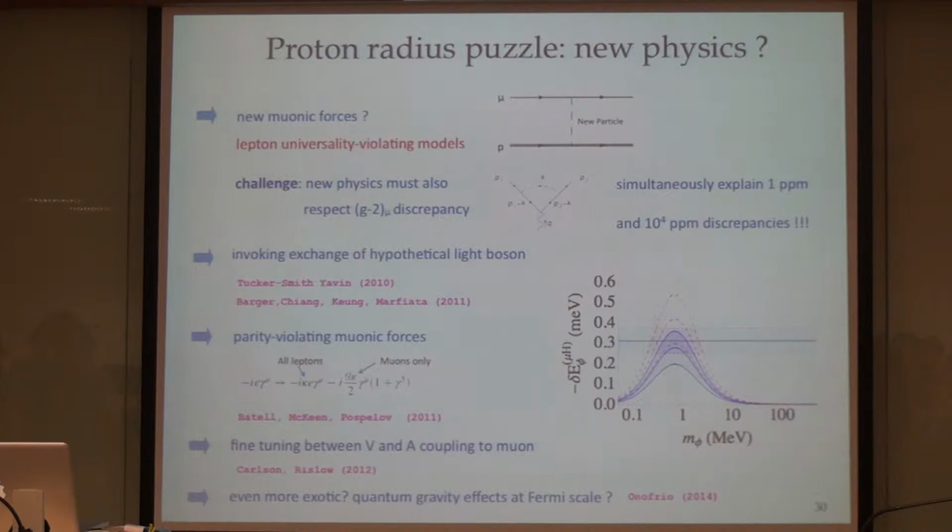Now, could you understand why 1 mega electron volt? You don't need to do a real calculation to understand it. The 1 mega electron volt is roughly the product of the mass of the muon, the reduced mass of the muon, with alpha electromagnetic, which is roughly the inverse of the Bohr radius of the muonic atom.